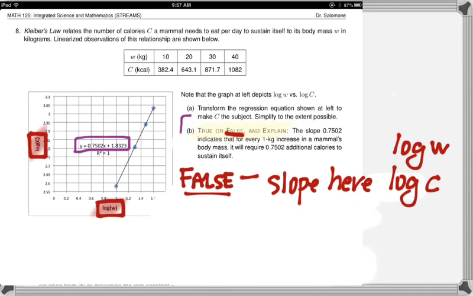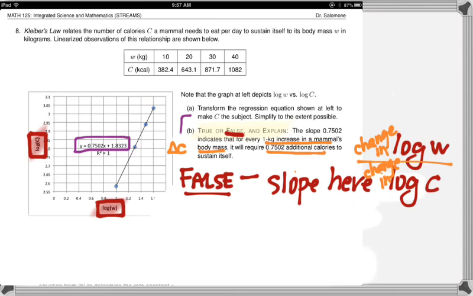So we could say it like this. We could say that the slope here is measuring the ratio of a change, a difference, in the log of W to the change in log C. And not what is written here in the sentence, which looks like a change in C. I'm going to call that delta C. We're going to use that notation next week.